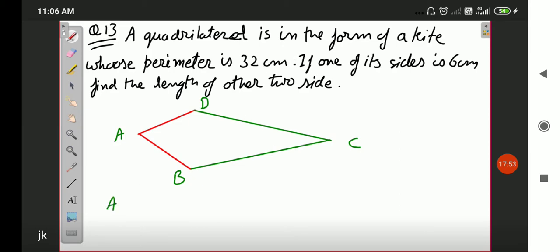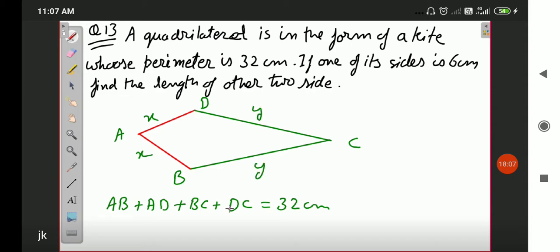That means AB plus AD plus BC plus DC is equal to 32 centimeter. As you already know, adjacent sides of the kite are equal. That means these two sides are X and these two sides are Y.